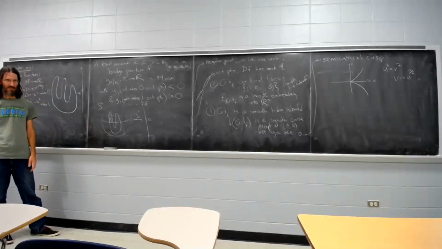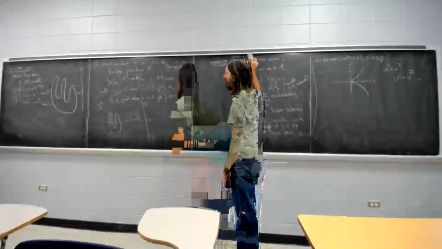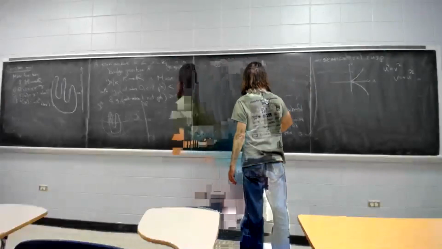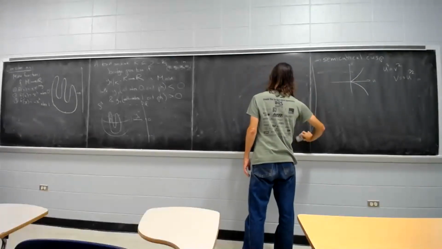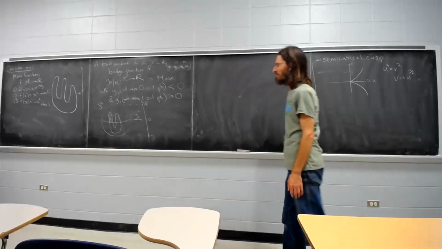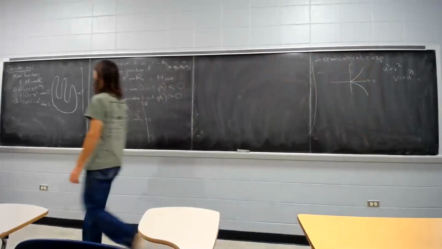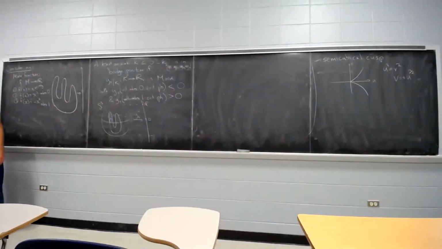So that's the idea of what bridge position is. And that's to set you up for a way to think about bridge trisector position. So now we're doing n equals 1 for the Morse 2-function.